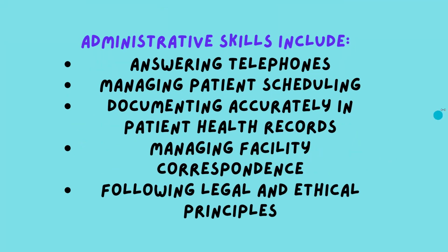So we said this in maybe the first or second slide that we talked about, but these are the bulk of an AMA, administrative medical assistant's job. And remember, we talked about answering telephones with a smile on your face, because then it sounds like you're smiling and the patient or customer will get a better experience.